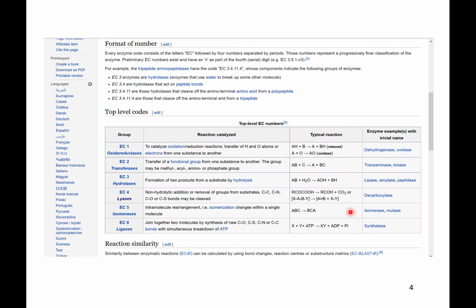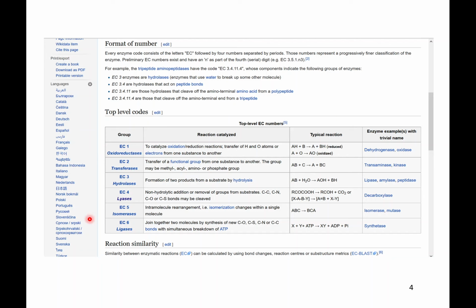Okay. The one thing I wanted to point out about these reaction types and enzyme types is that the way we classify enzymes with the EC number, which stands for enzyme class, there are 6 classes of enzymes, and those correspond to the 6 reaction types.